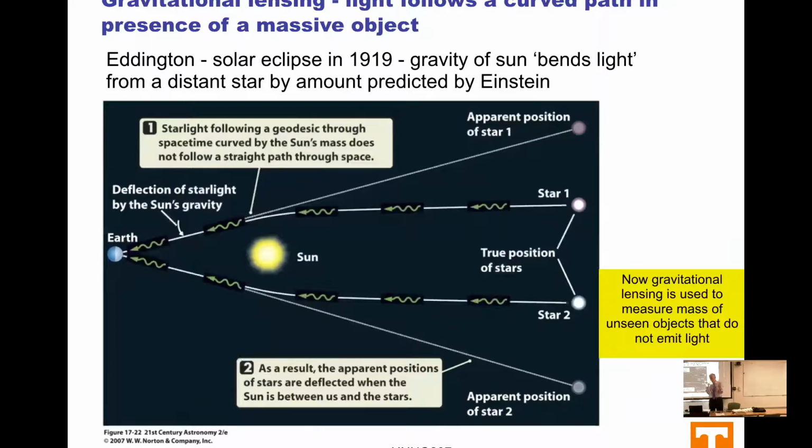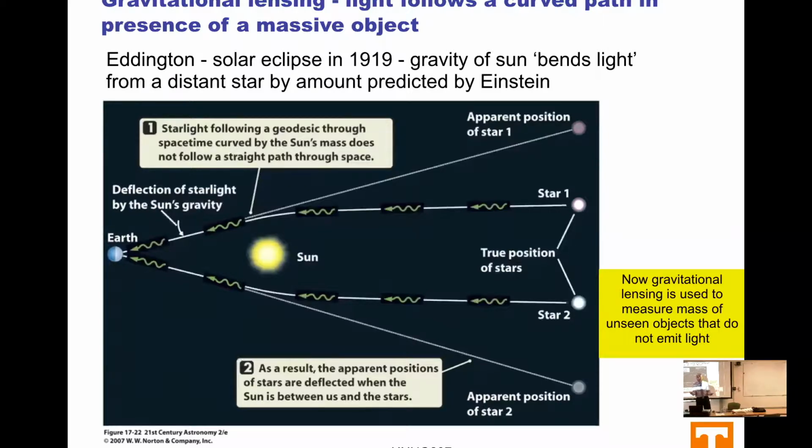So what Lord Eddington found was that those two stars were in a different place. This is where they actually are, but the light curved around the sun. And you can see the two stars because the sun is eclipsed. And so those two stars, extrapolated back with the eye in a straight line, appear to be that far apart instead of this far apart.